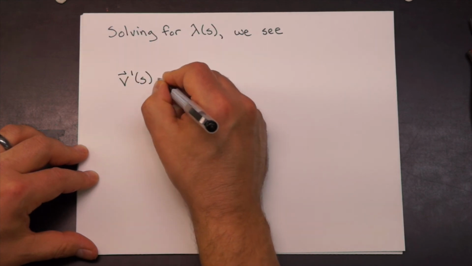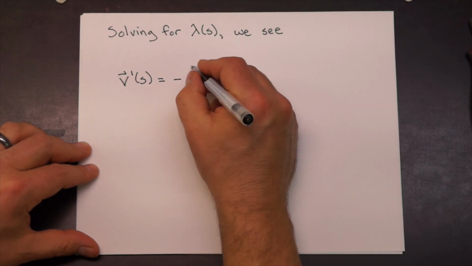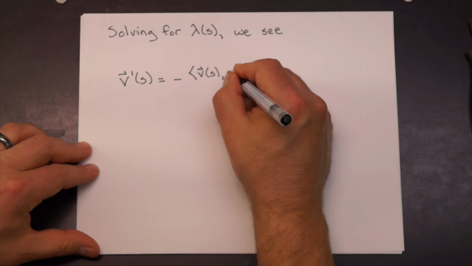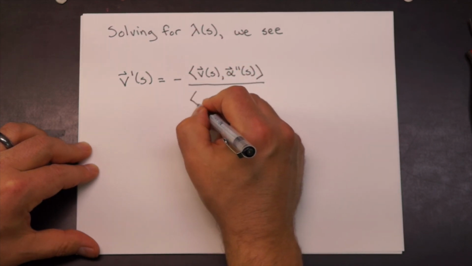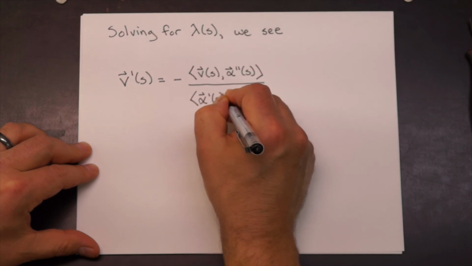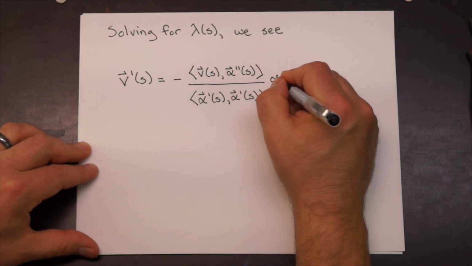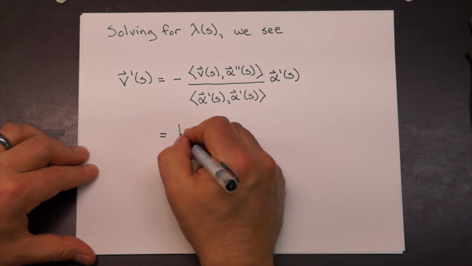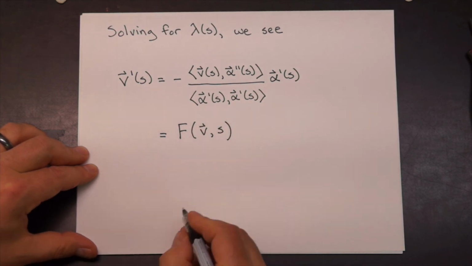Now we can solve for the unknown scalar multiple lambda and get the following equation. v prime, which remember was lambda alpha prime, is minus v dot alpha double prime divided by alpha prime dot alpha prime, multiplied by alpha prime. That is to say, v prime is some function of v and s, admittedly determined by alpha.